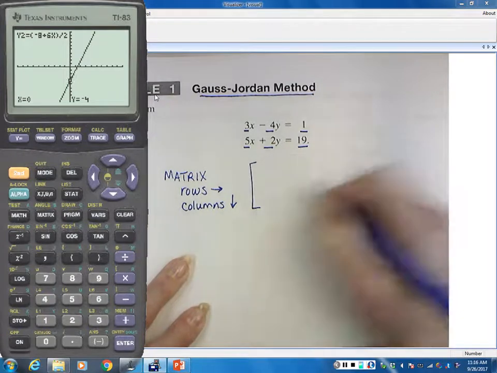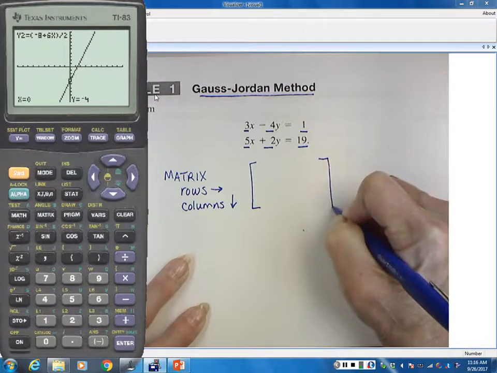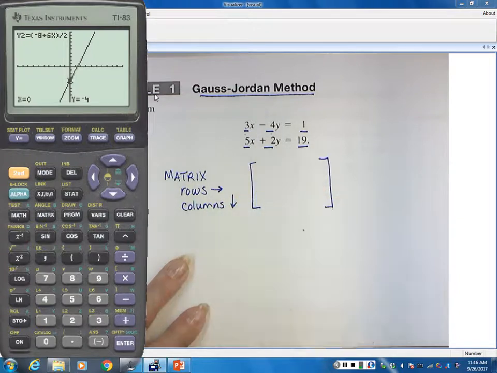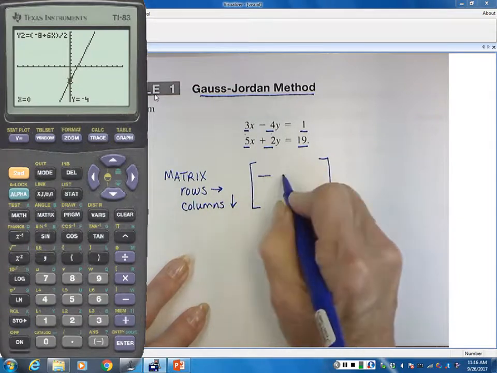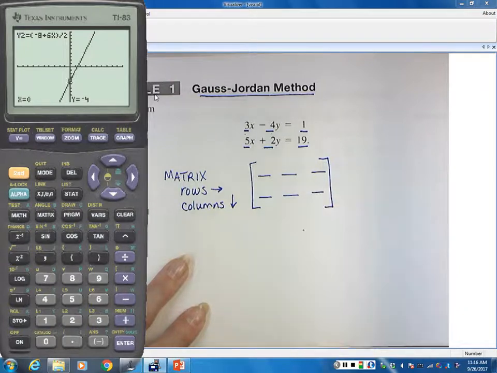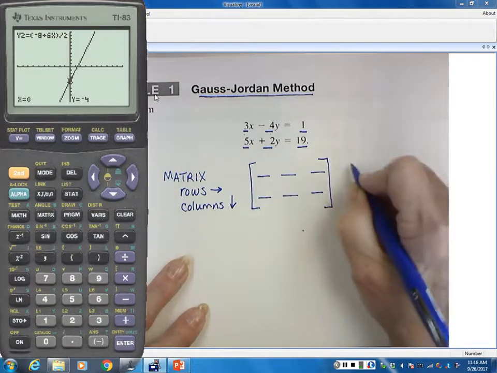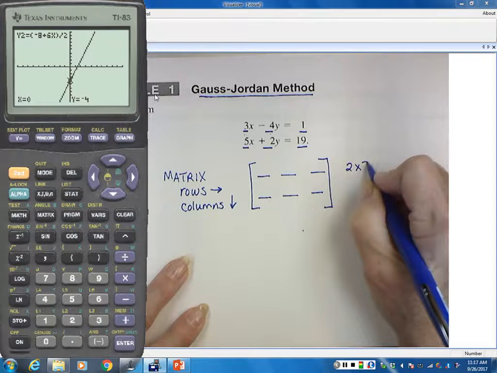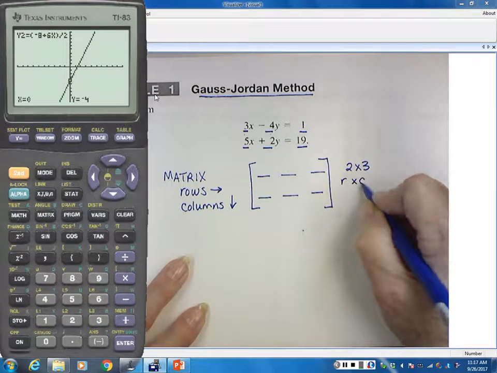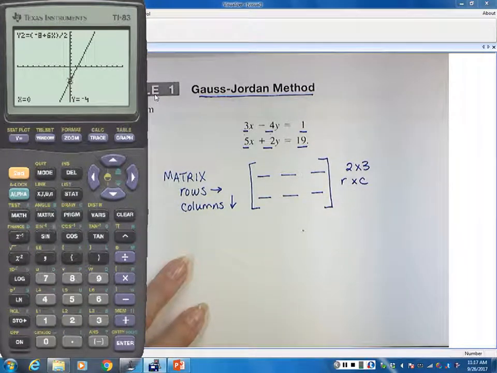So a matrix is always enclosed by brackets. And we need 1, 2, 3, 4, 5, 6 entries. So this is called a 2 by 3 matrix. It's always rows by columns. Okay?